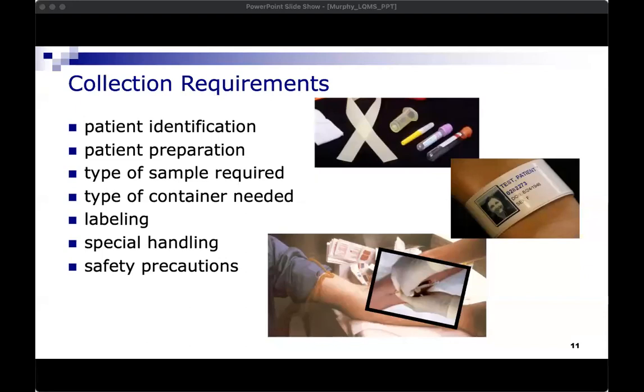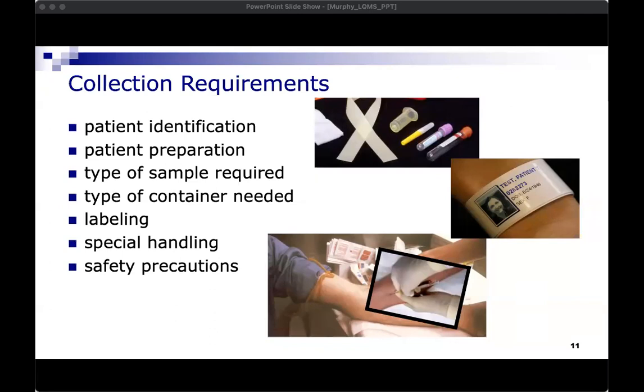Some of these things include patient identification. The person collecting the sample must accurately identify the patient. This could be done by questioning the patient themselves, or possibly questioning the accompanying family member. Maybe if it's a child or someone who's not able to communicate, you can question the guardian or whoever's with the patient.